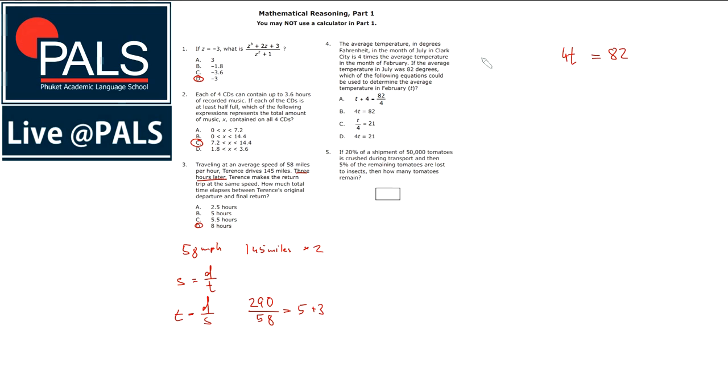And then we are told the actual average temperature of July, which is 82. So to find T, all we need to do is move the 4 over to the other side. Since it's multiplication here, we need to divide on the other side, and that's the equation we are looking for.